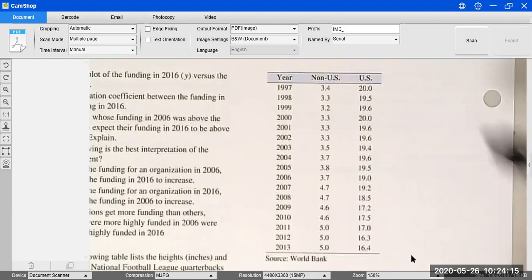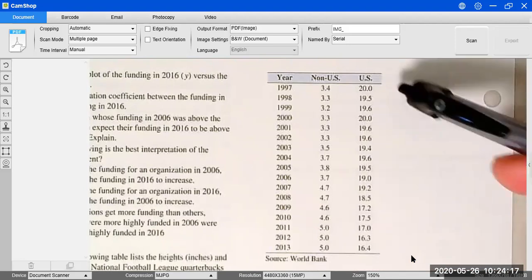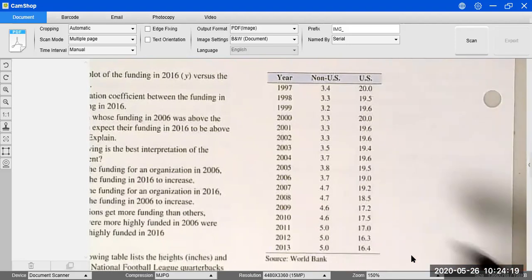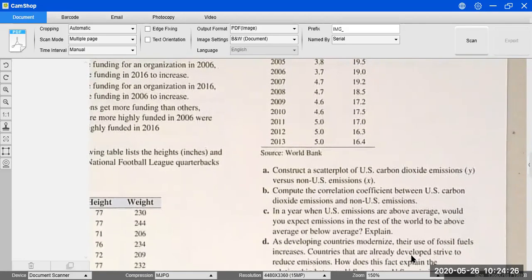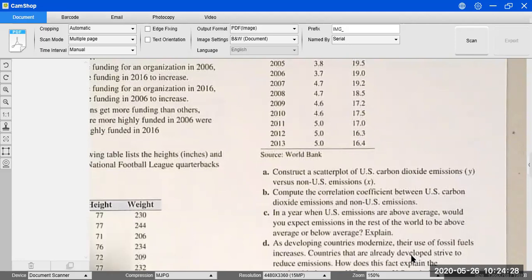This column is going to be your X, and this column is going to be your Y. So enter those values, and you're going to construct a scatter plot again in part A, and part B is going to be just the correlation coefficient. With part A, you get the graphical summary. With part B, you get the numerical summary for that bivariate data set.